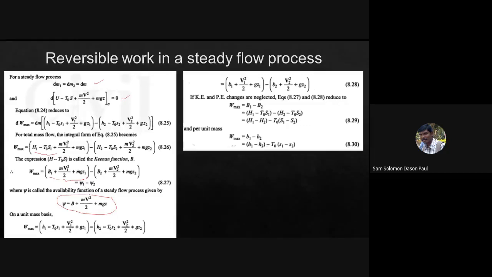So you have psi 1 minus psi 2. In other words, this is the availability function at the entry, and this is the availability function at the exit.